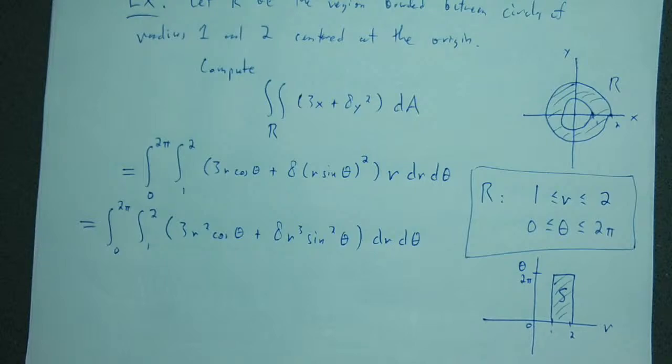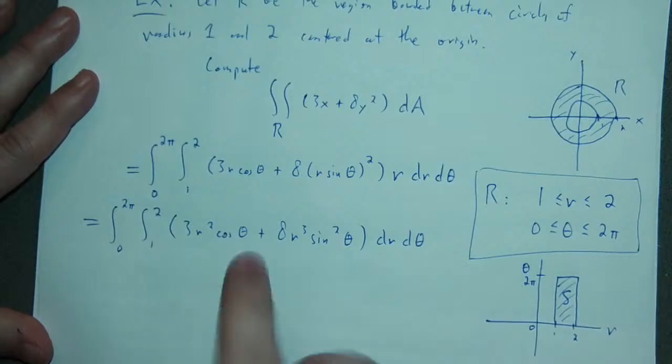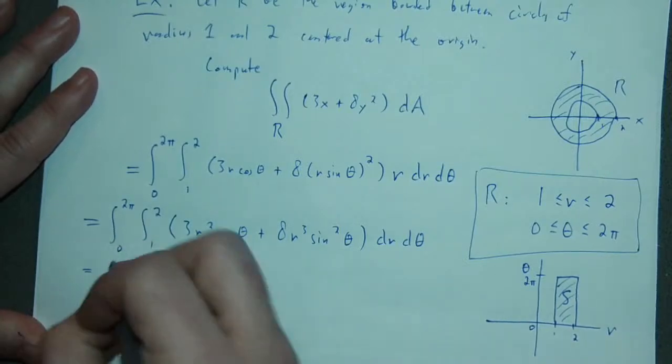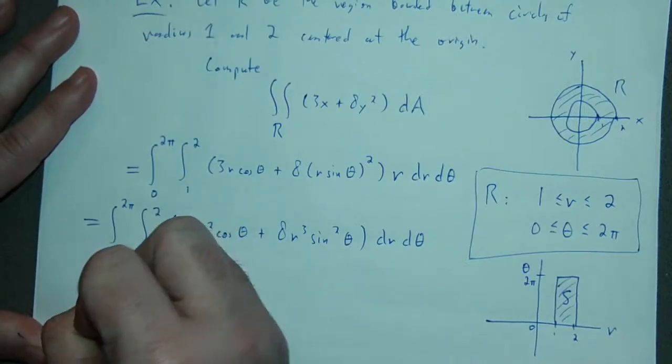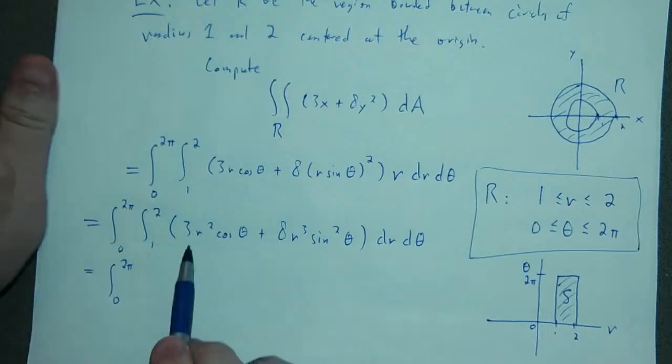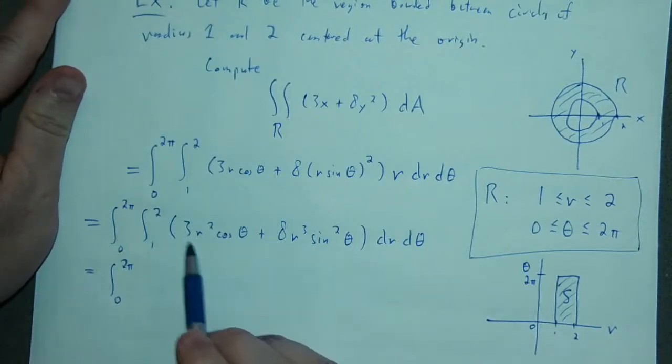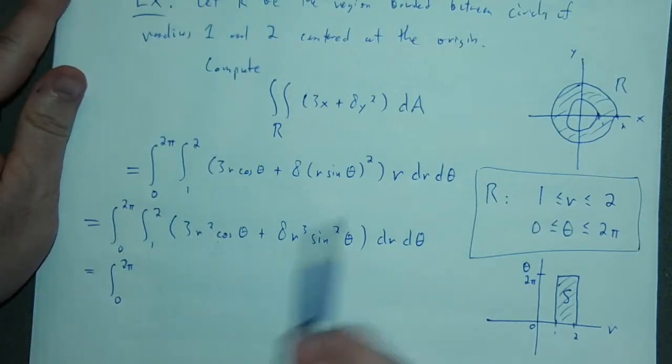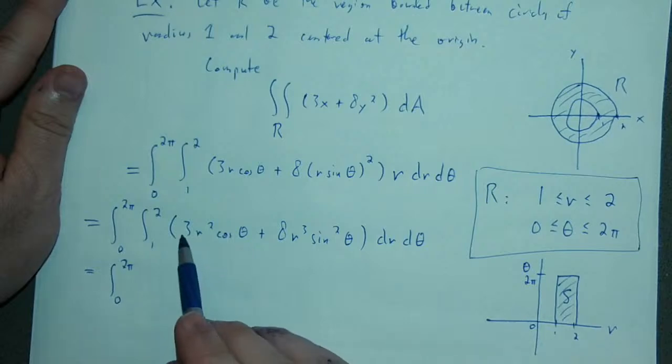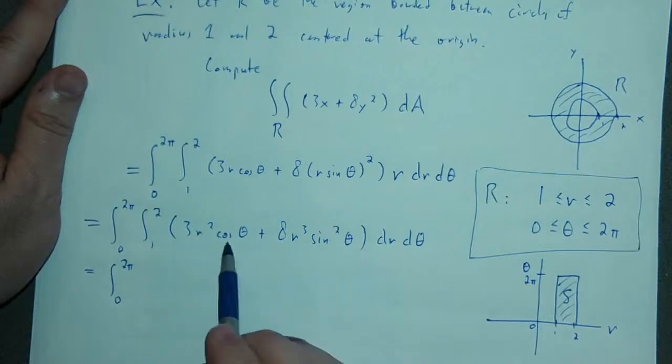Okay. So now I want to do this first integral with respect to r, right? So I can ignore the trig functions for now. So I have the integral from 0 to 2 pi. I want to compute this integral here. So this is, with respect to r, 3r squared cosine theta. I treat cosine theta just like a constant. What's the integral of 3r squared cosine theta?